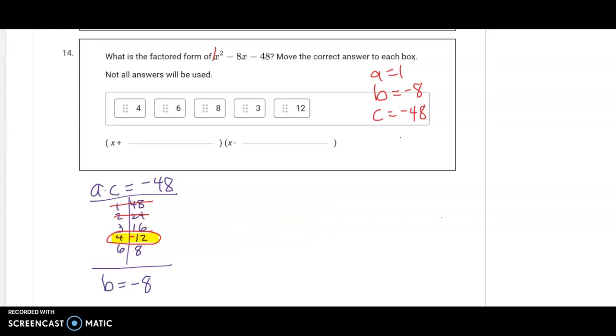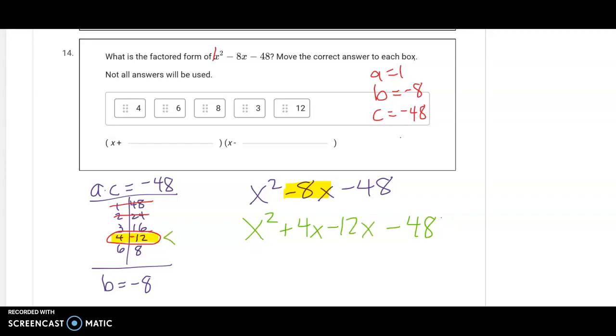Alrighty, so let's take our original polynomial, and we split the middle term. Remember, this term is going to get split. So we've got x squared at the beginning and -48 at the end, but that -8x will split into +4x and -12x. And remember, we got those from these two numbers.